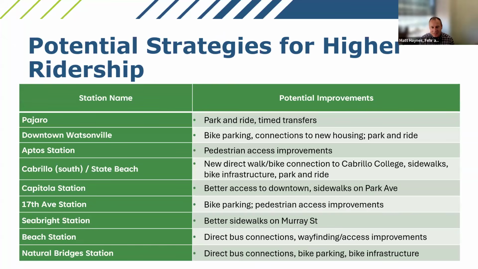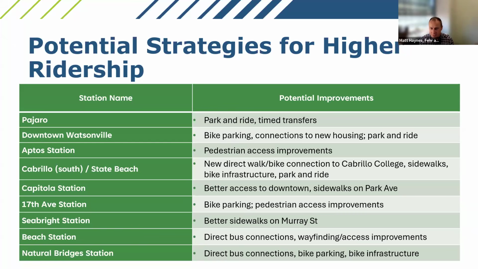There's a few strategies that might be considered as the designs and concepts for individual stations are considered. As part of the draft ridership results that we're seeing now, we've noted some of the potential types of improvements that would allow us to achieve some of the higher ridership levels toward the higher end of the ranges that we're presenting today. So for example, those might include timed transfers to other transit systems, be they bus or other rail systems like at Pajaro.